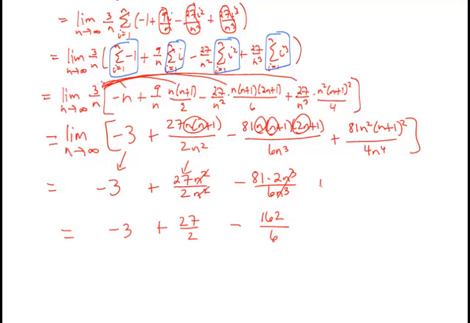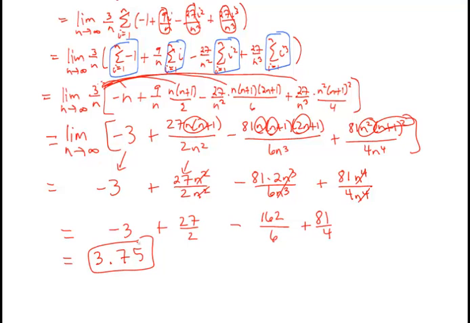Finally, for our last fraction, we have our 81 out front, an n squared here, and then this n plus 1 quantity squared is going to be dominated by another n squared. So in total, we'll have an n to the fourth in the numerator, and in the denominator, we have that 4n to the fourth. So the n to the fourths cancel, and we're going to be left with 81 over 4. So when we get to this point, you just pull out your calculator, you punch it all in, and what you end up with is a total value of 3.75 or 3 3/4.